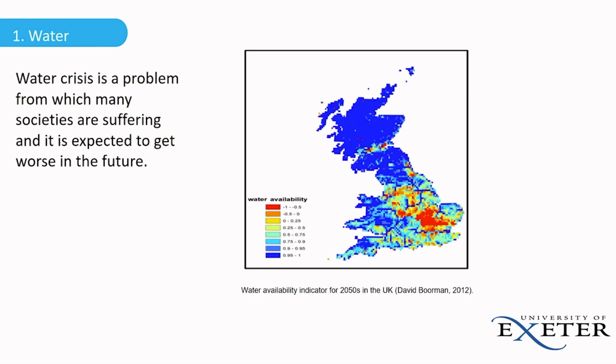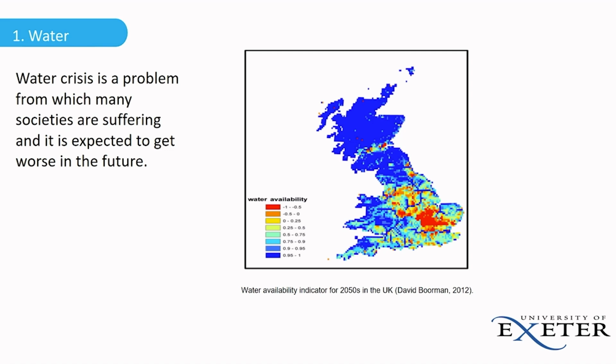Water. Why water is very important? Why we need to make more fresh water? Because water crisis is a problem from which many societies are suffering, and it is expected to get worse in future.